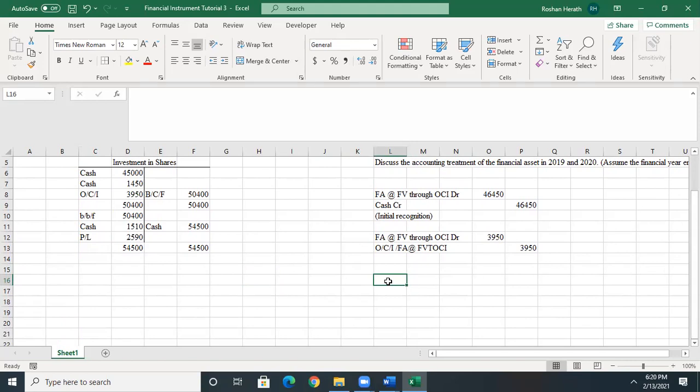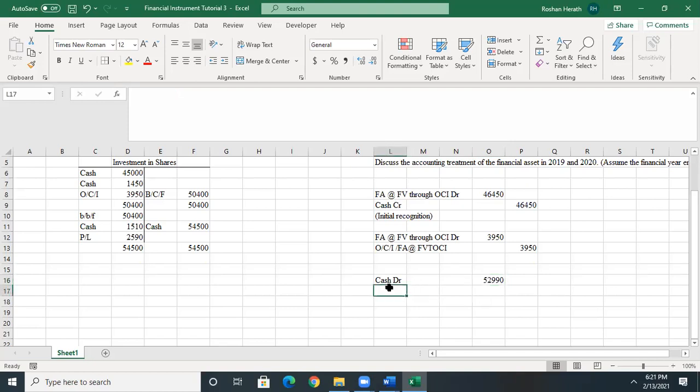From the disposal, you can take the cash that you would receive, considering both. You can debit 54,500 minus 1,510. Let me consider both together, 52,990, the net proceeds.